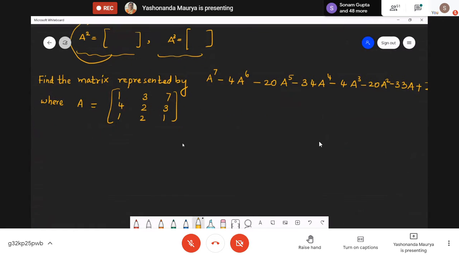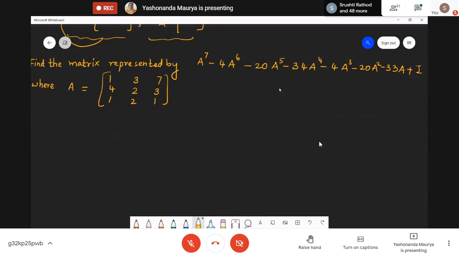So what we can do is, this is a big expression that we are trying to simplify. Again over here we'll try to apply the Cayley-Hamilton theorem. So the first thing is getting the characteristic equation. The characteristic equation is given by determinant of A minus lambda I is equal to 0.